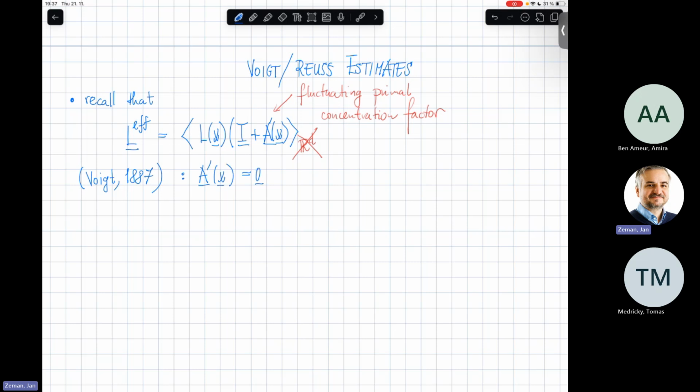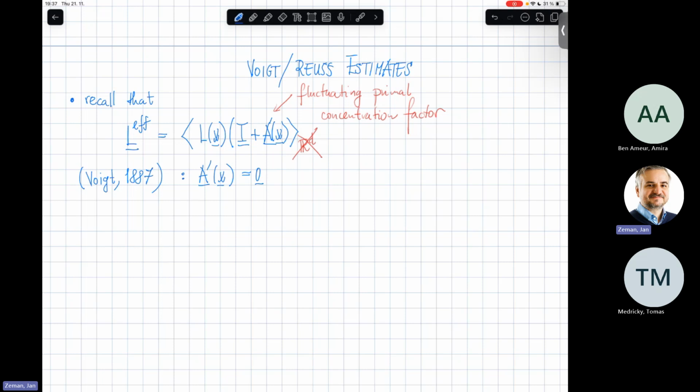Okay? So no matter what I do, there will be no fluctuation at all. In other words, if I do this mind experiment, assuming that I prescribe this capital E in every point in my infinite domain, this would be the solution. So this is what Voigt assumed.